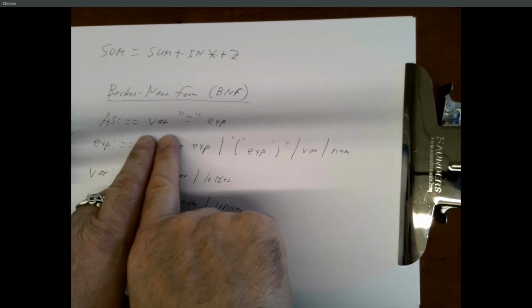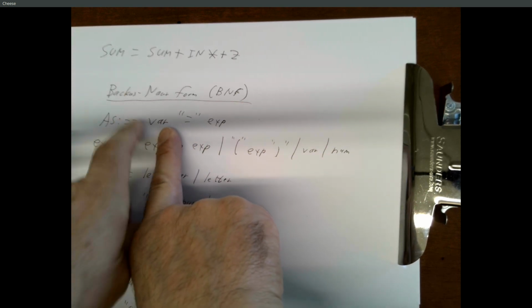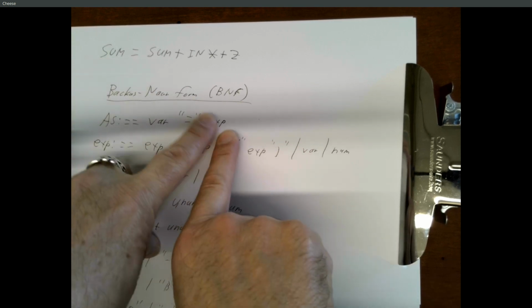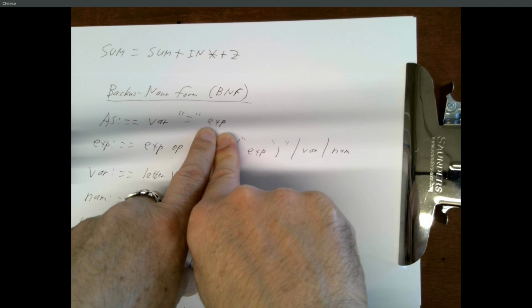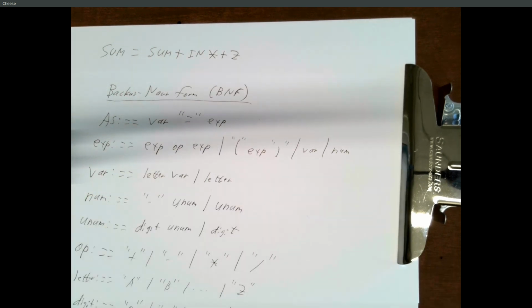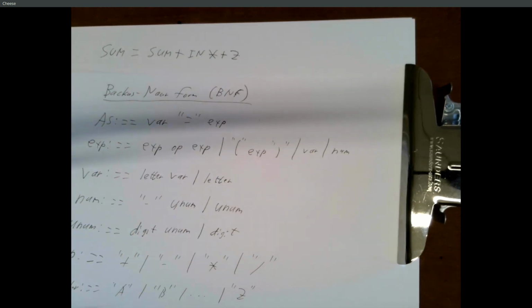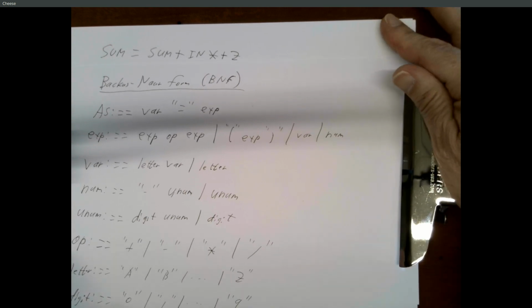Once I've decided this is a variable, an equal sign, and an expression, if while matching a variable I saved this string sum somewhere, and I save this expression in another string, now I can pass this to something like my stack-based calculator and generate code that will evaluate my expression and then store it wherever I'm storing sum. And so you can build up compilers using this, right?